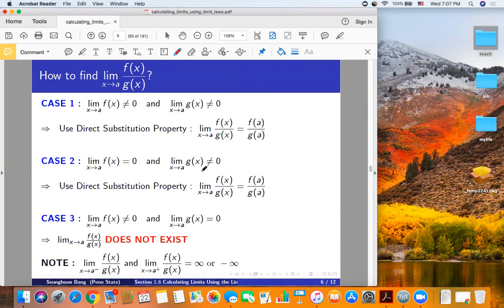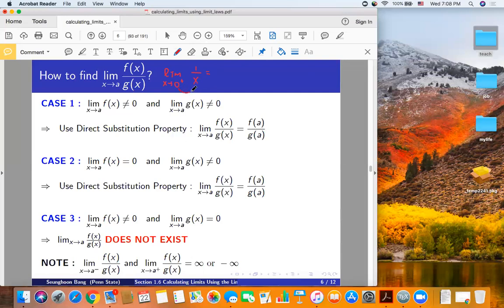Why does it not exist? Okay, I can show it to you. Yeah, it's undefined, you're right. I want to give one simple example here: the limit as x approaches 0 from the left of 1 over x.